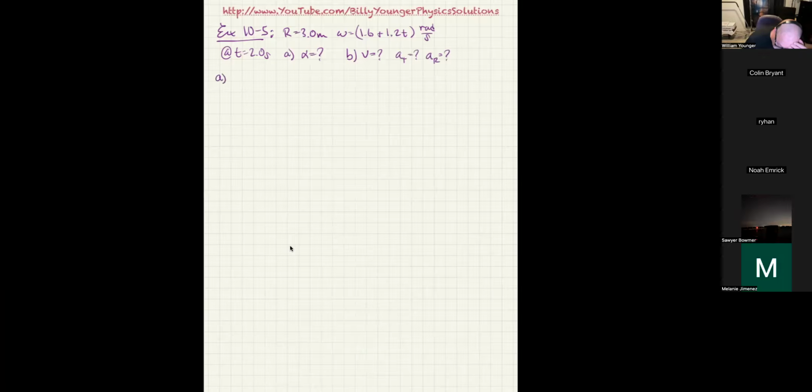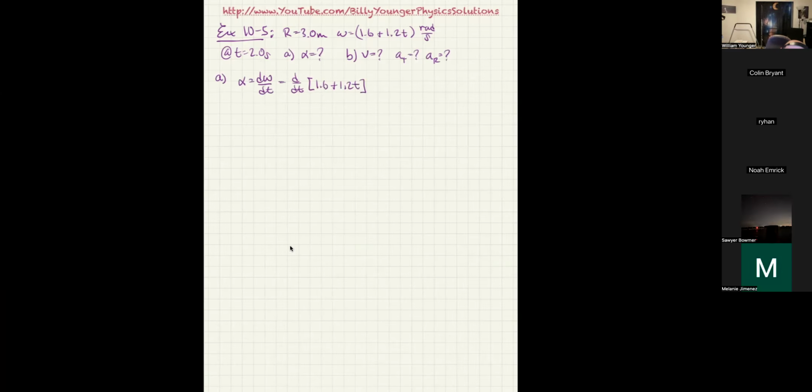So let's go ahead and use what we're doing here. The first thing we want to do is figure out what alpha is, and alpha is equal to d omega over dt. So that's going to be d by dt of 1.6 plus 1.2 t.